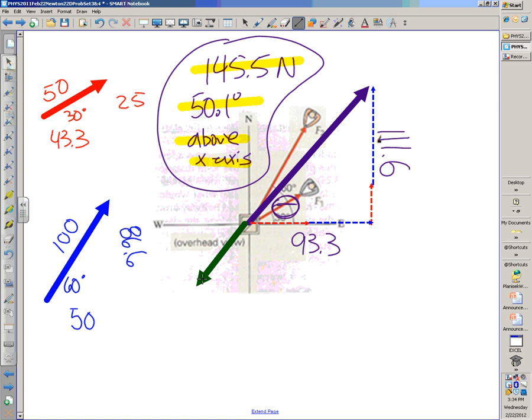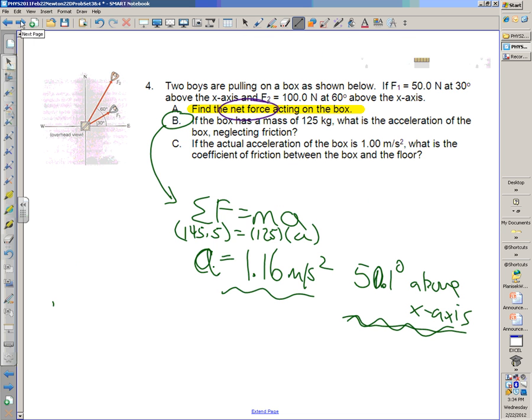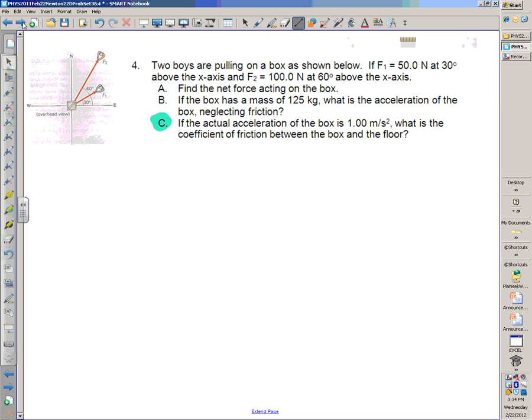Remember, friction opposes motion or an applied force. In this case, it's opposing the motion and the resultant of those two applied forces. So friction is represented by the green arrow in this picture. Using things that we already know, we can go and start working on this problem.